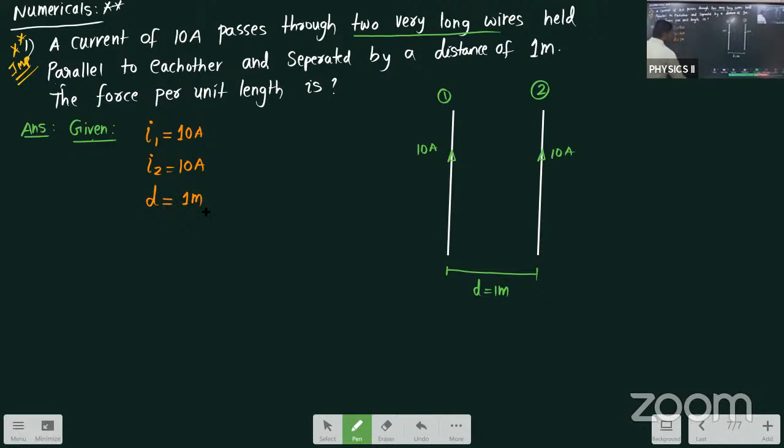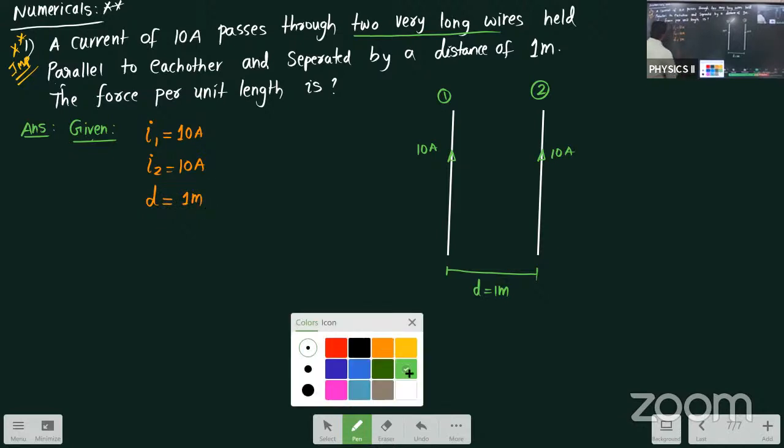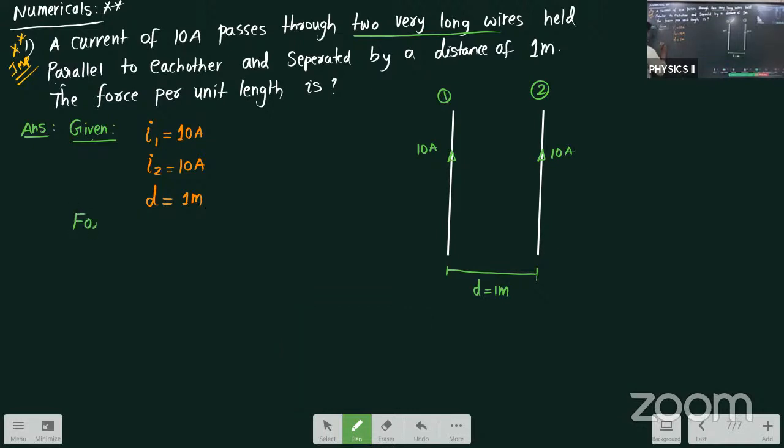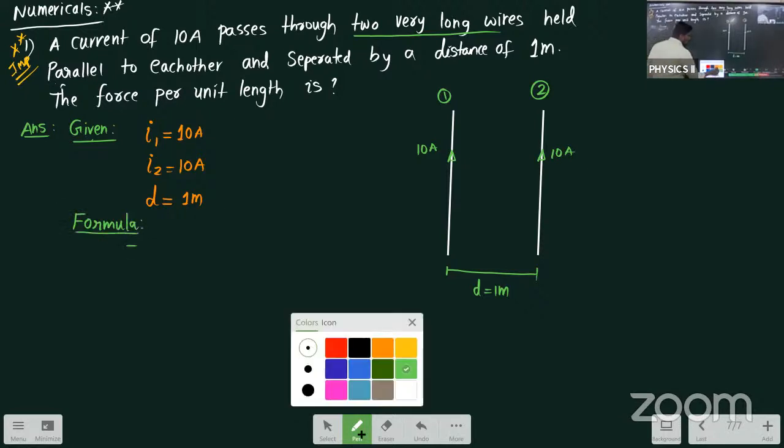Next, you are supposed to write down the formula, because for writing the formula also, you will be getting marks. Remember this formula.